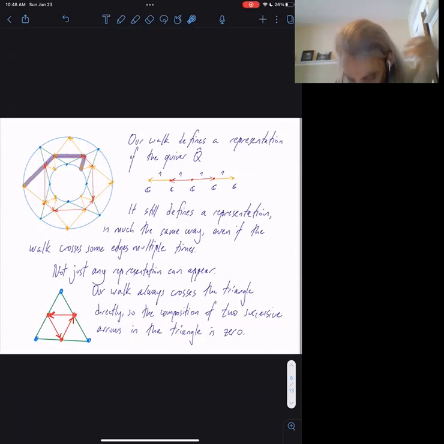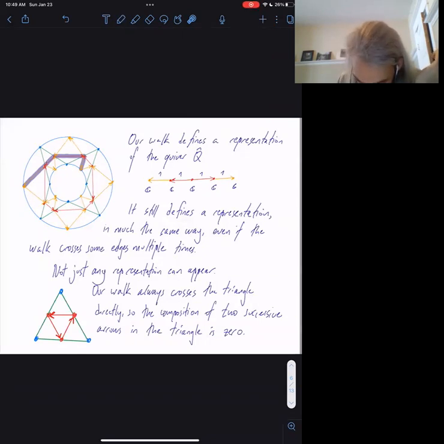And notice that it still defines a representation even if the walk were more complicated. If the walk were to go around and wind up visiting some vertices twice, you would write down this longer walk, and you wind up putting a vector space at some of the vertices that is more than one dimensional, but this same prescription really gives you a representation.